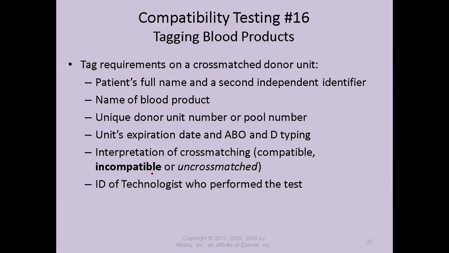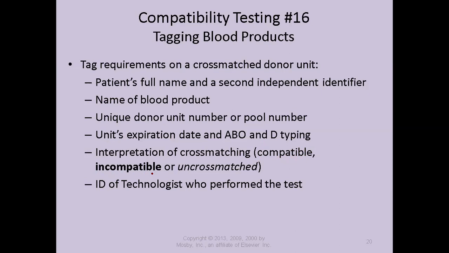When would we ever give incompatible, you might say? That's bad. At the beginning of this lecture, I mentioned that in some cases, in a situation where a patient really needs red cells, let's say we have a patient that has 3 or 4 antibodies, and this can happen in people that have had many transfusions.